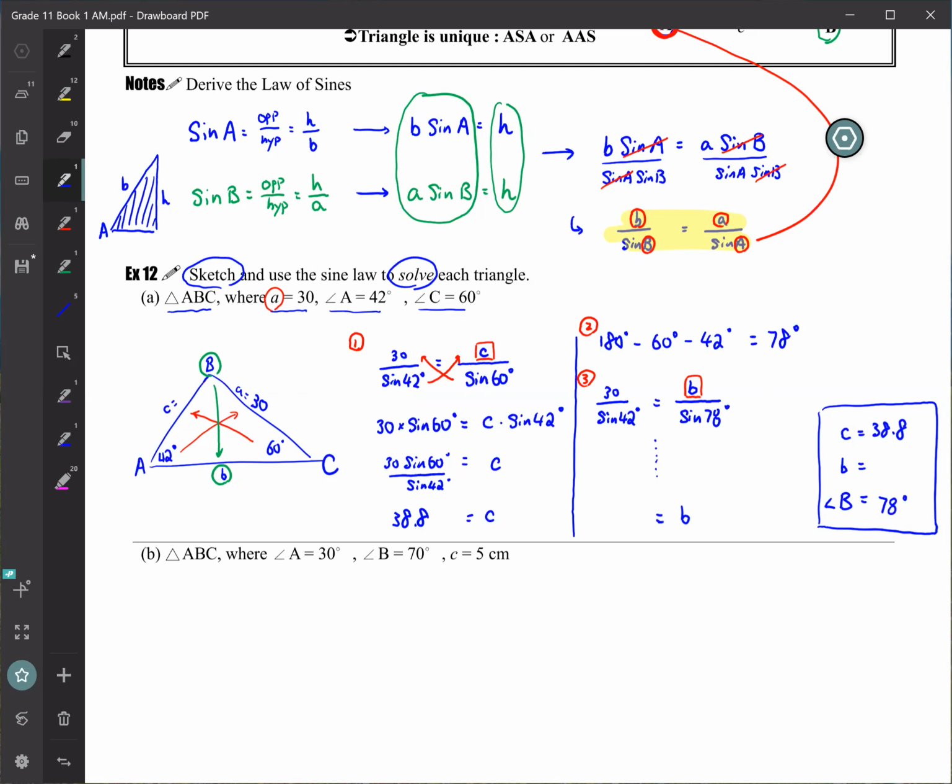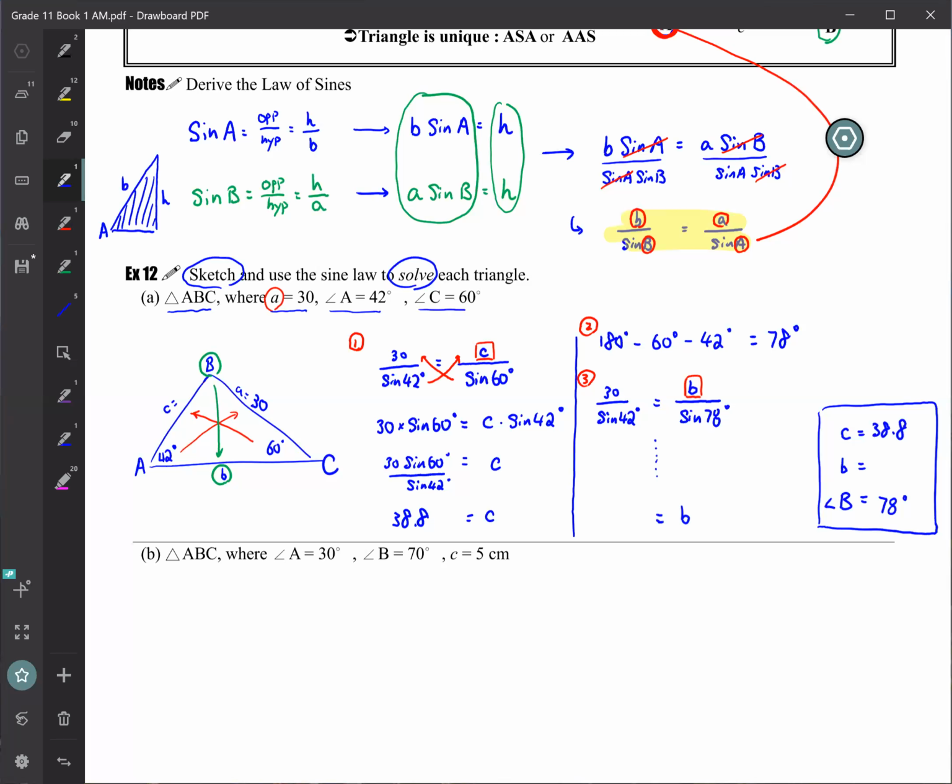Yeah, try again, okay? Make sure your mode is in degree. You should get something around 40-ish, 40 something. Yeah, I got 43.9 this time.